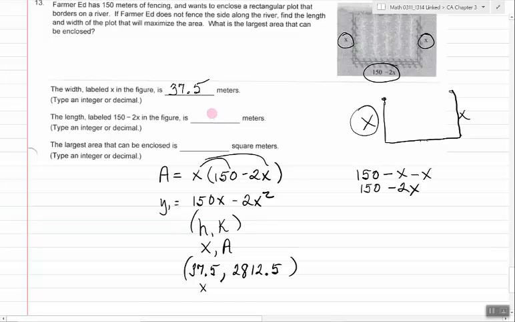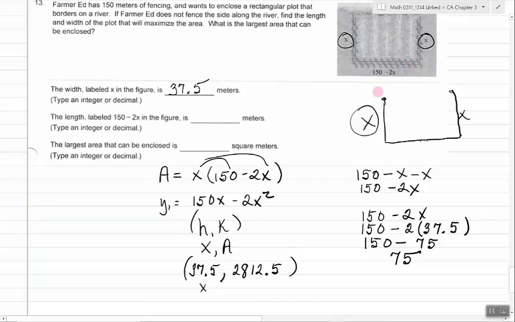The other one, I don't know. Let's see. 150 minus 2x. That's 150 minus 2 times 37.5. That is 150 minus 75, which is 75.